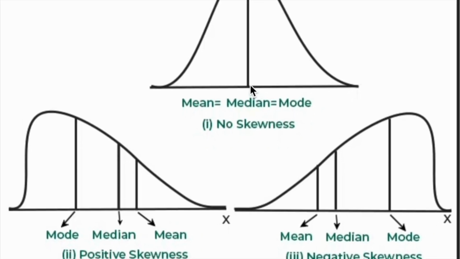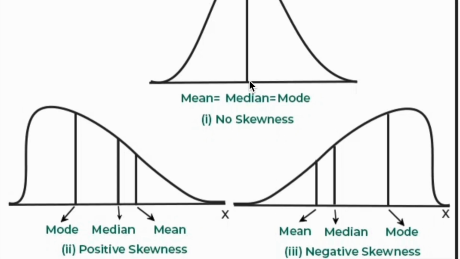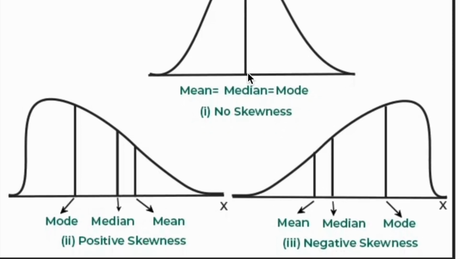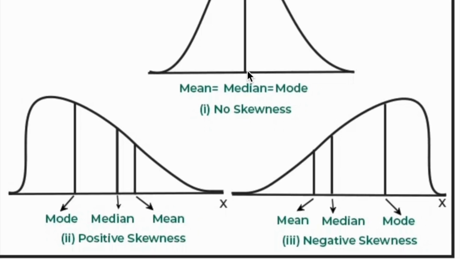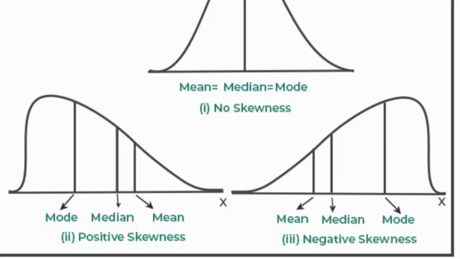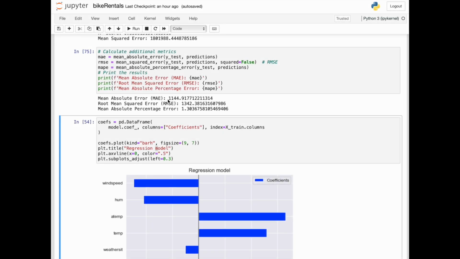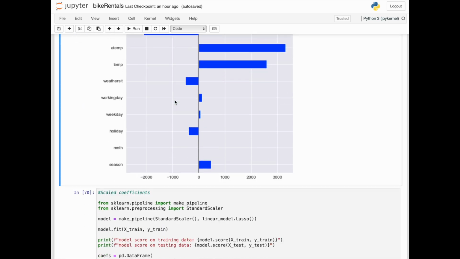When it's a left tail distribution, mode is to the far right, median in the middle, and mean is to the left of the median. In our case here, because the error is showing us a median error that is lower than the mean absolute error, that means we have an error distribution that has a right tail or a positive skew.